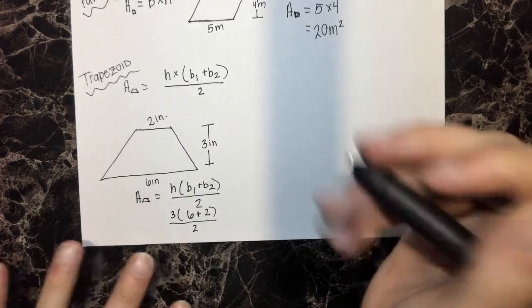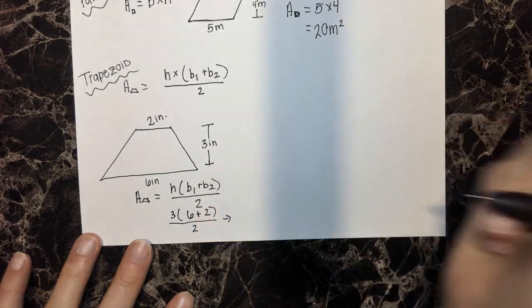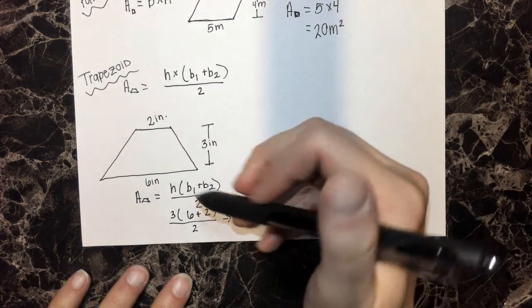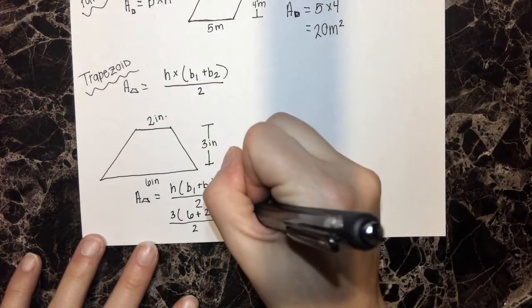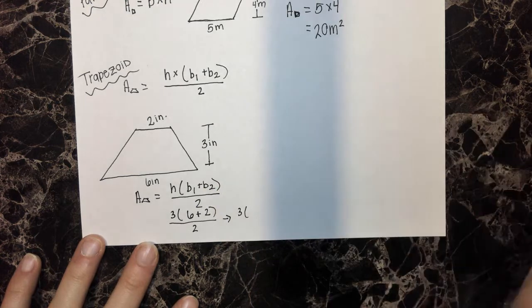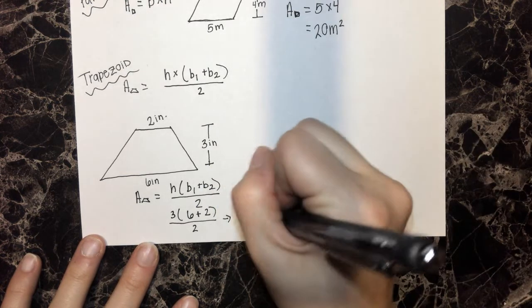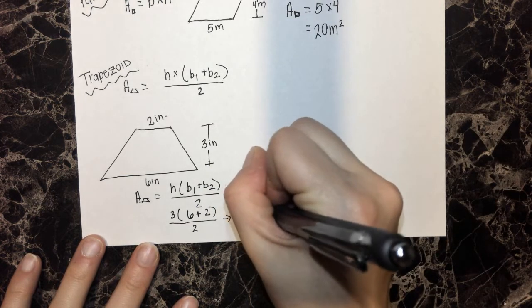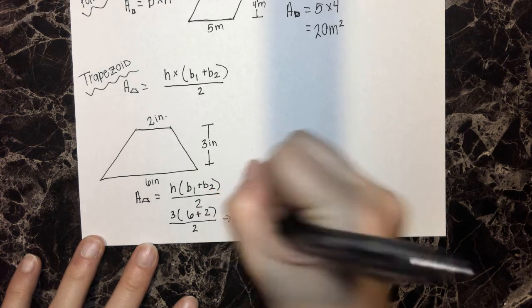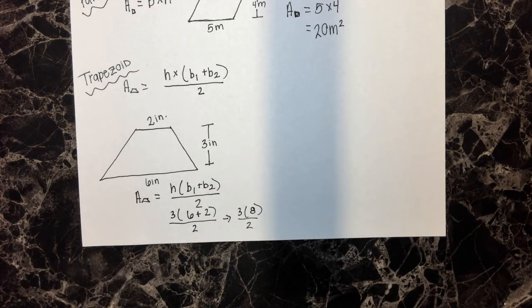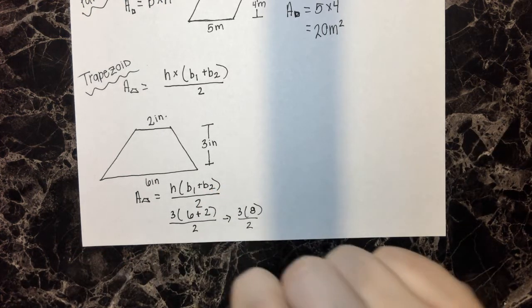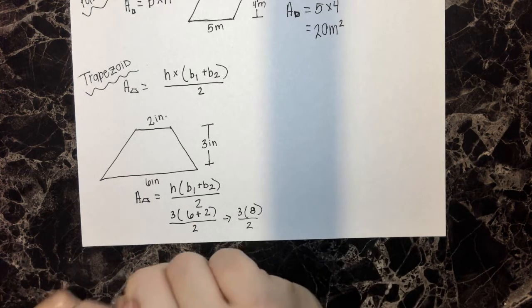We use order of operations to solve this. Order of operations tells you to find and go to the parentheses first. So 3, in your parentheses, 6 plus 2, you would get 8, and then you would divide by 2. If I'm still following order of operations, multiplication and division are at the same time, so whatever comes first, left to right.